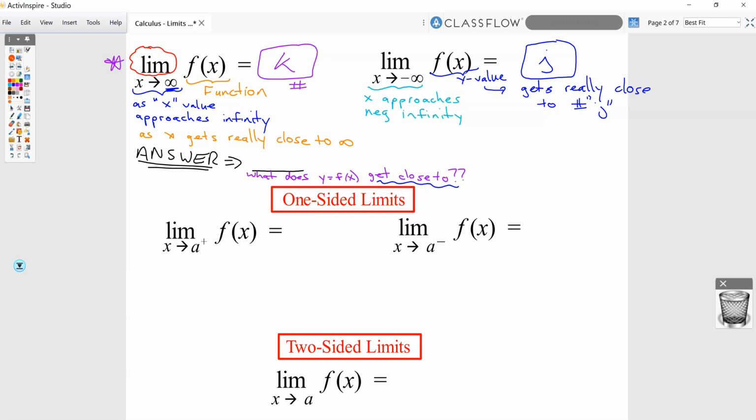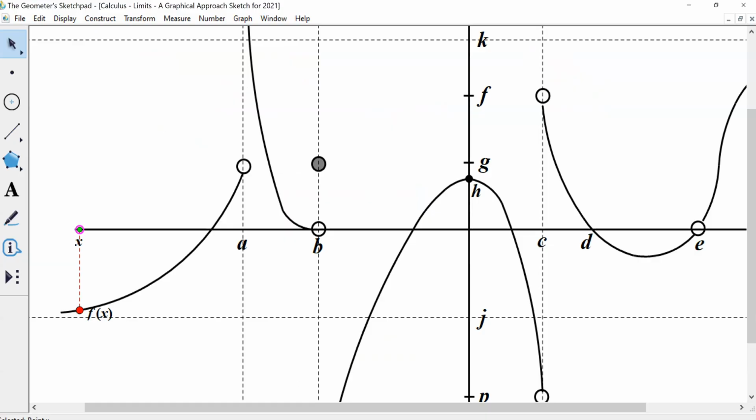So as x gets closer and closer to negative infinity, the limit of f of x approaches or gets really, really close to j. And again, looking at the graph, we are not touching j. It doesn't look like we're ever going to touch it, but we get really, really close to j, and that's the idea of a limit. What are you getting really, really close to?